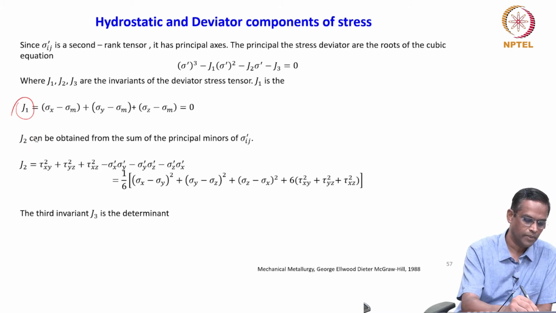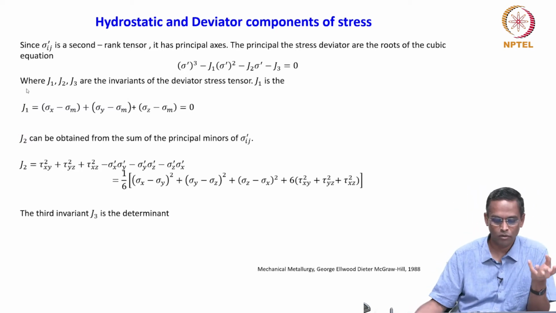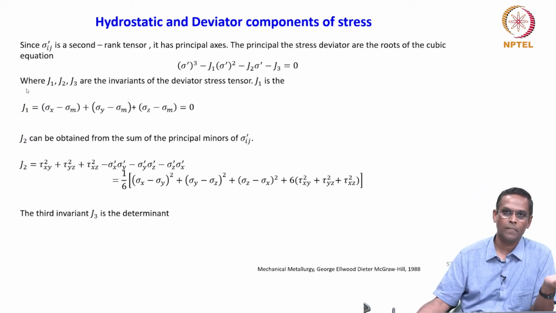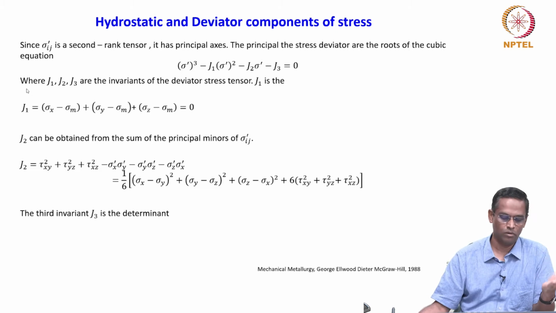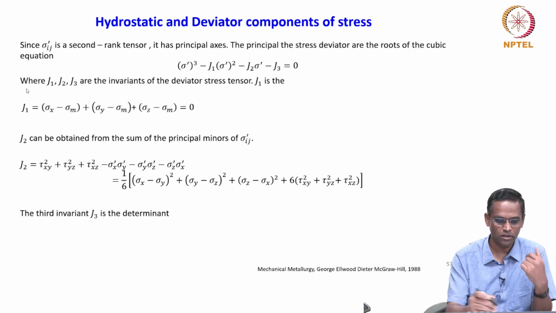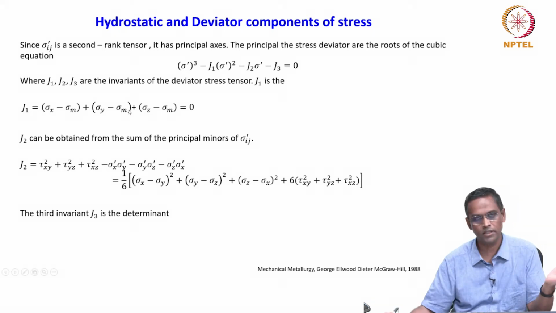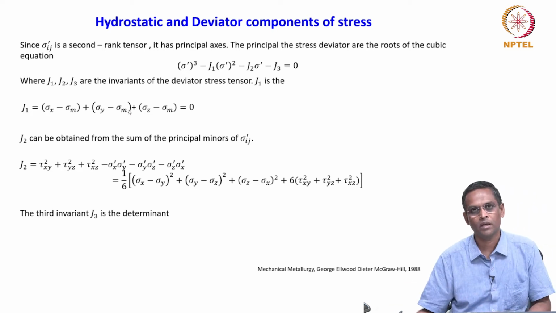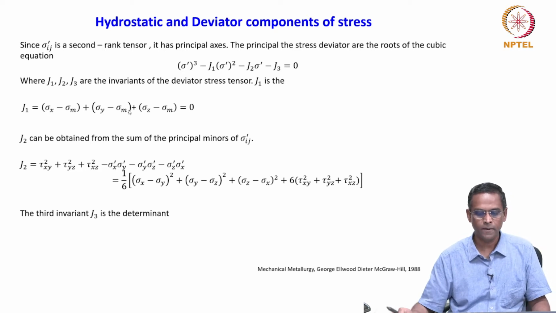At that time, if you are not familiar with this, it is a little confusing. So now that you know J2 is an invariant of the stress deviator matrix, and J1 is known, once you remember all these three equations and their invariants, it is very easy to appreciate later on.